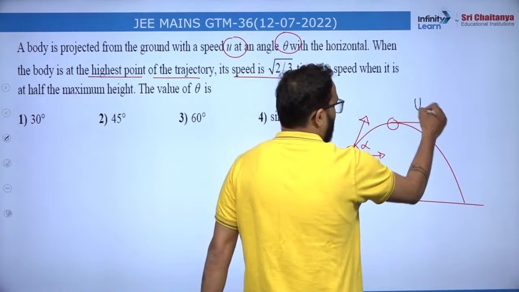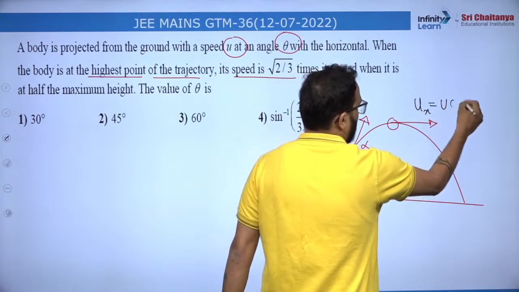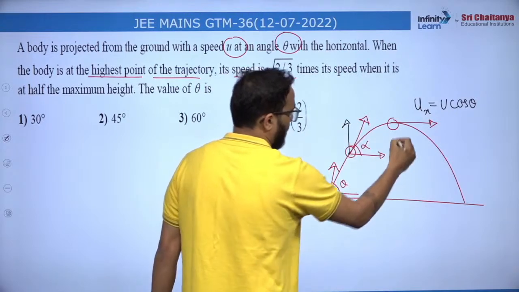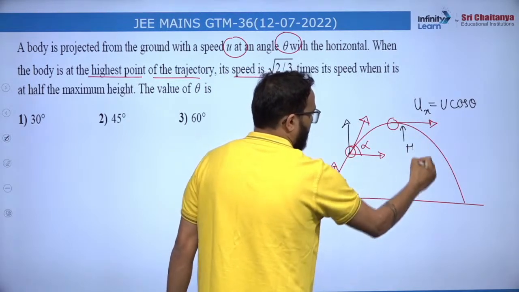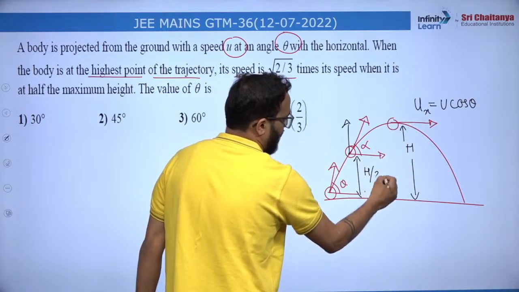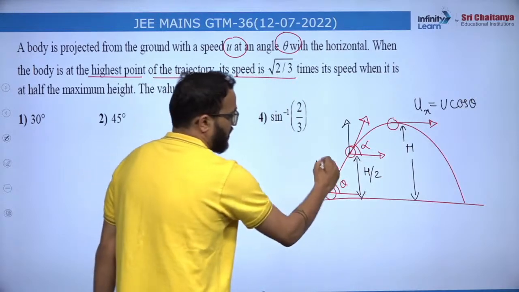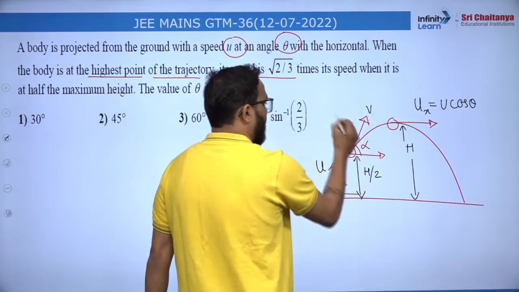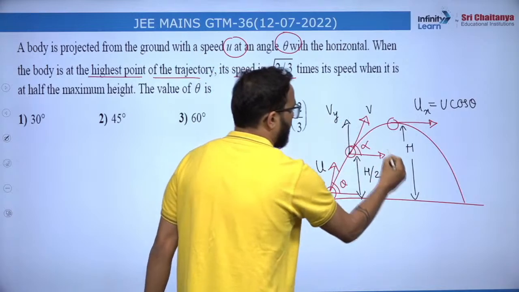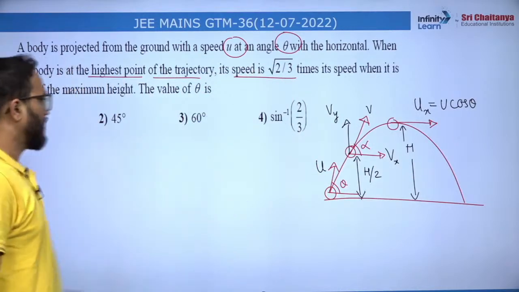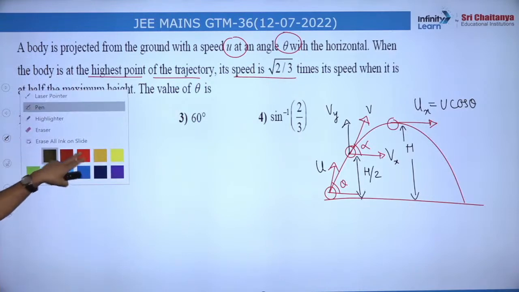So this will be ux, which will be u cos theta, which is not going to change during the complete journey, okay? This height is h and this height is h by 2. This is velocity u. Now this is going to be v, let's say this is going to be vy and this is going to be vx. I hope these parameters are completely understood by you. Now let's move ahead and solve it.